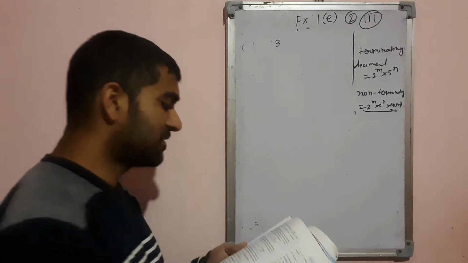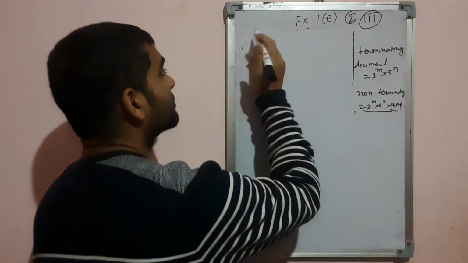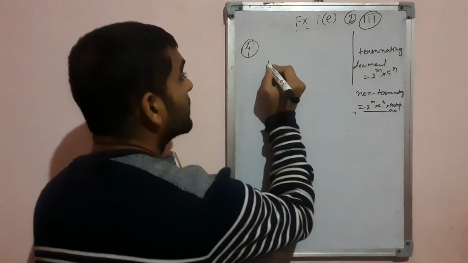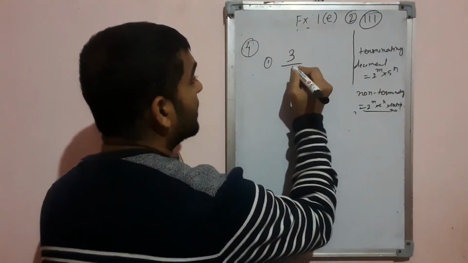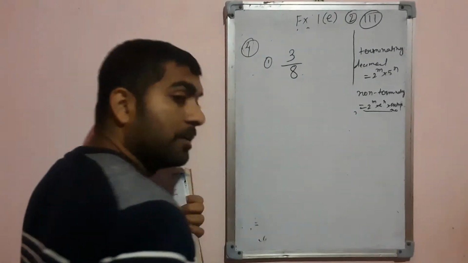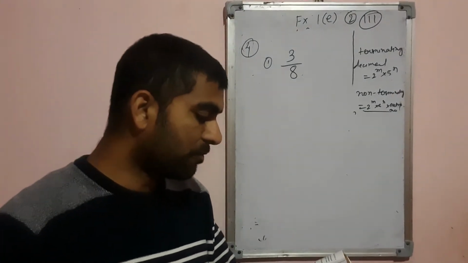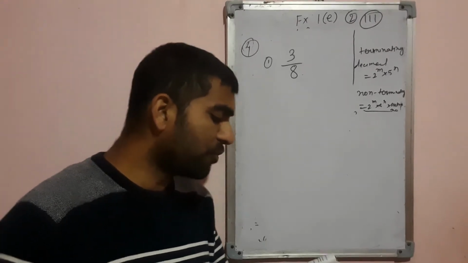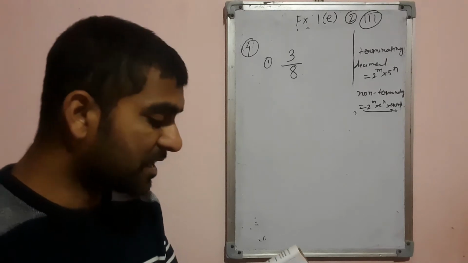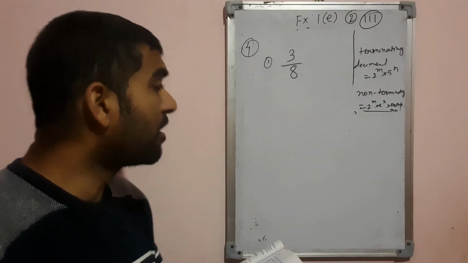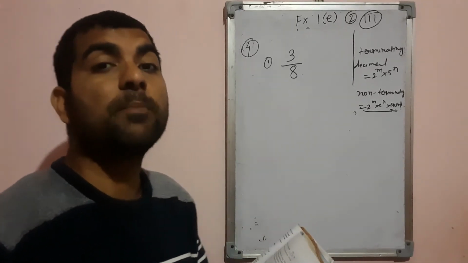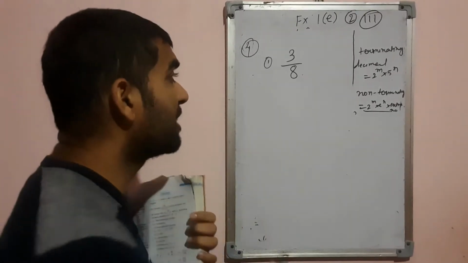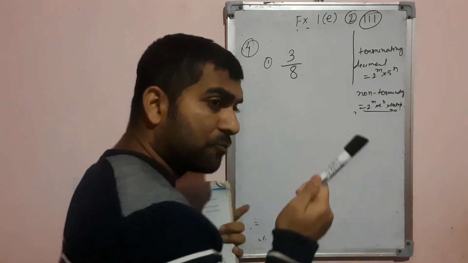So let us try question number 4 (i), 3 by 8. Now what they are asking: write down the decimal expansion of the following rational number by writing their denominator in the form of 2 power m into 5 power n, where m and n are non-negative integers. First we have to write in this form, and then we have to change into decimal.